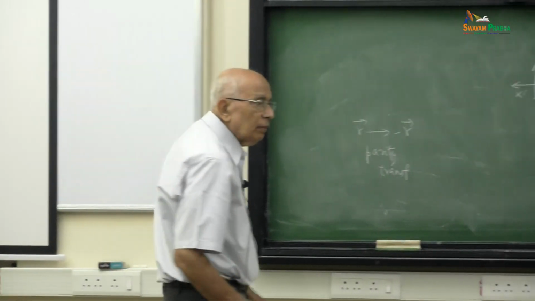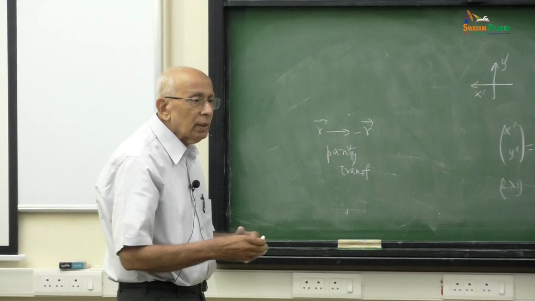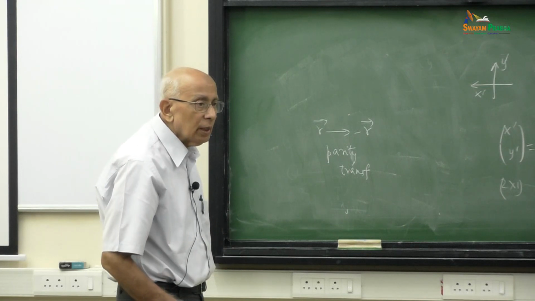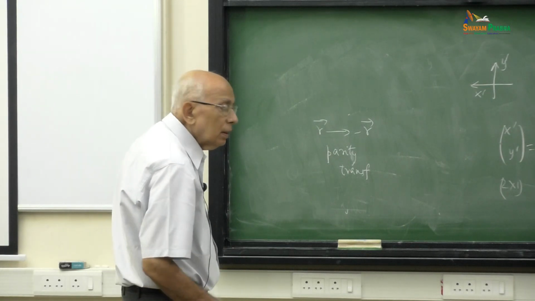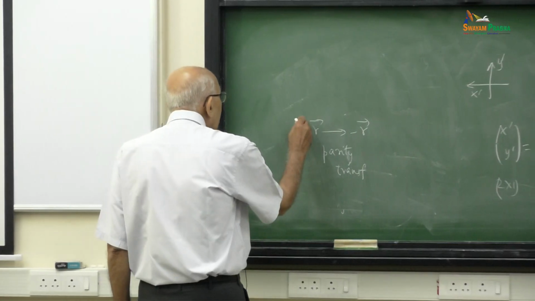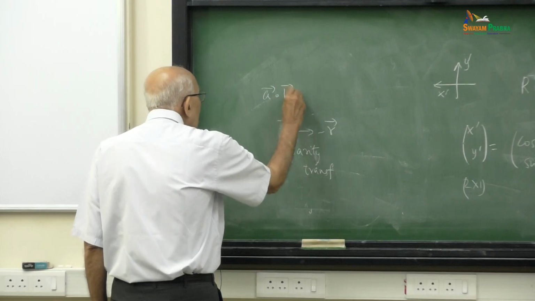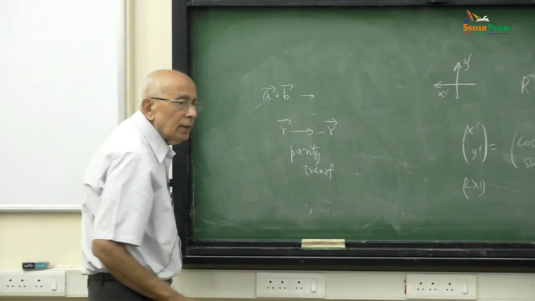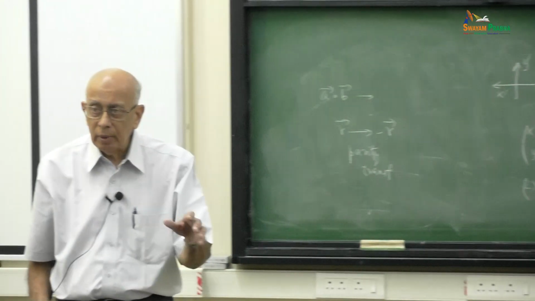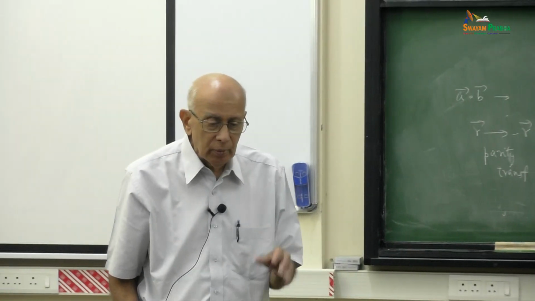Then you ask, are various laws or various quantities invariant? How do they transform under this change? Okay. What happens to this? I take two ordinary vectors A and B in 3 dimensions, components A1, A2, A3, B1, B2, B3.